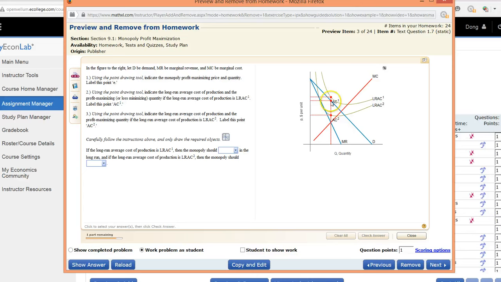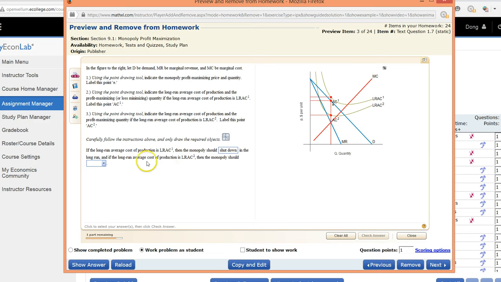Because the price is below the long run average cost, for each unit the firm produces, it's actually making a loss. So that means the firm should shut down because this is in the long run. If it's in the short run, then probably not, because in the short run we need to compare the price with the avoidable cost. But in the long run, all the costs are avoidable, so that's indicated by this long run average cost. So in this case, the firm should shut down in the long run.